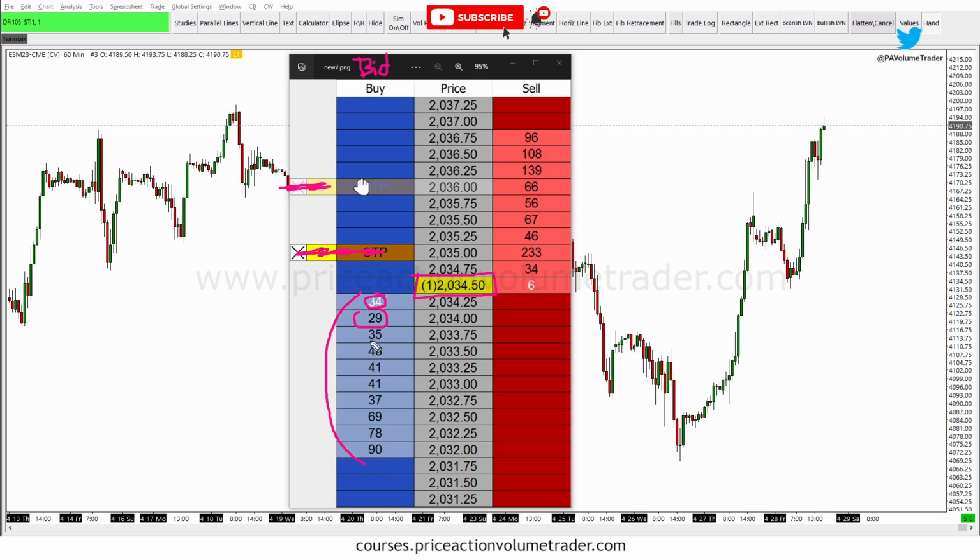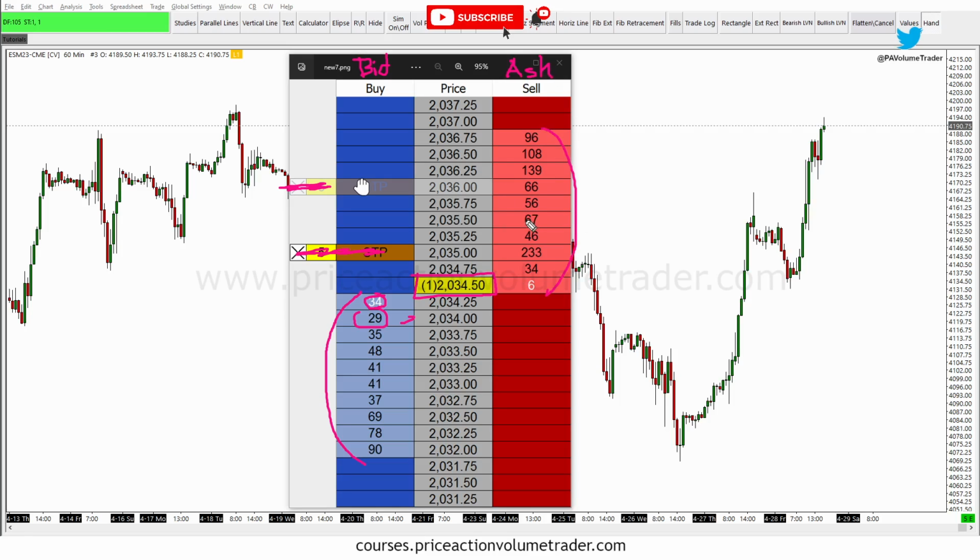This is all different types of participants, and this is just a cumulative of all the resting orders at each price level here. And then on the right side, we've got the ask, or the offer, as it's also known, which is basically passive limit orders to sell above price.